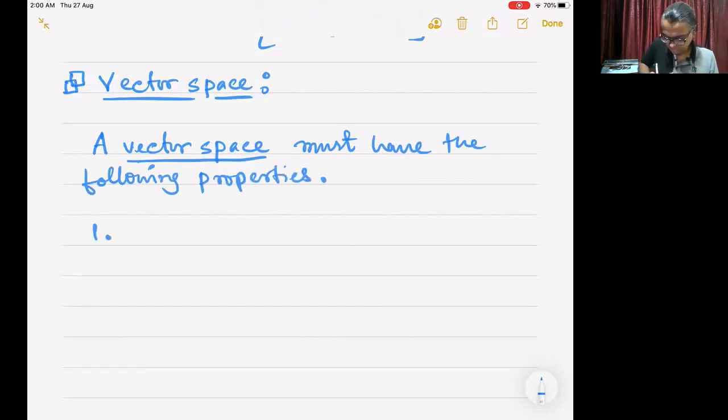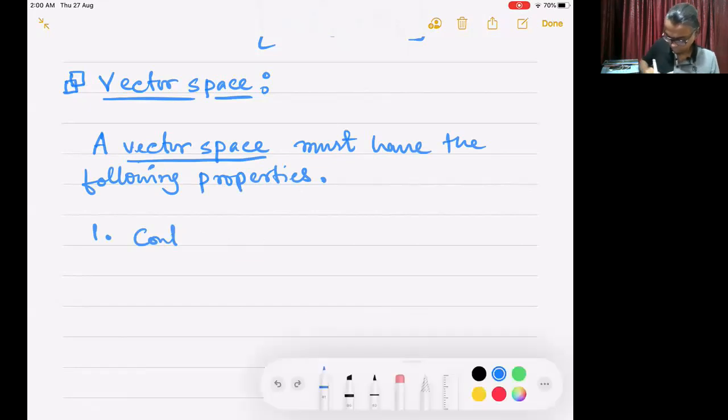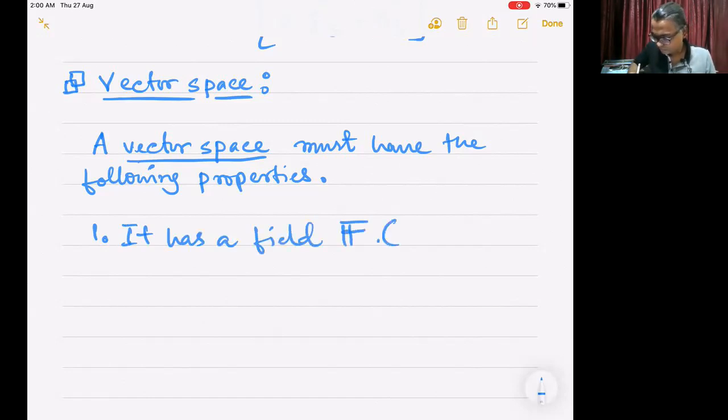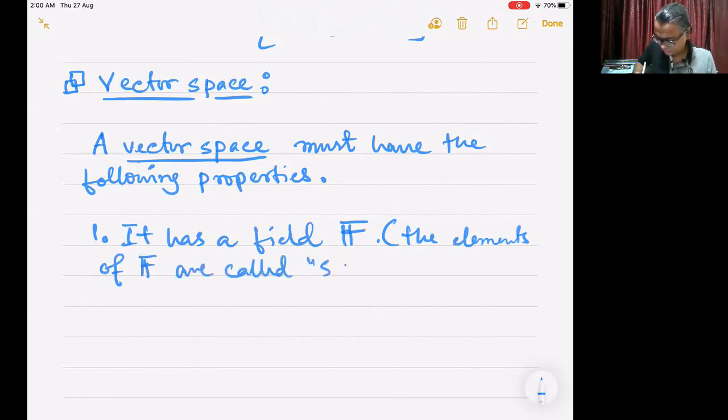Number one, it has a field F associated to it. The elements of F are called scalars.